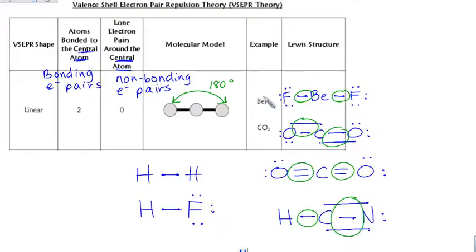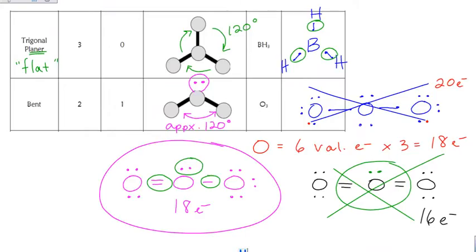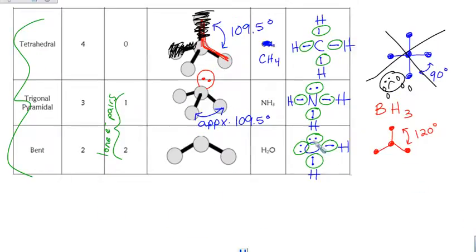In all of these examples, I mean, these don't have a central atom, I guess, but all of these guys have bonding electrons around the center, no lone pairs. That's linear. The extra electron pair, whether you have one electron pair or, in this case, two electron pairs, changes the shape and it makes it bent.